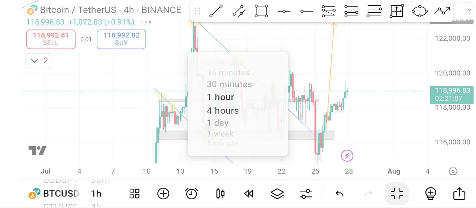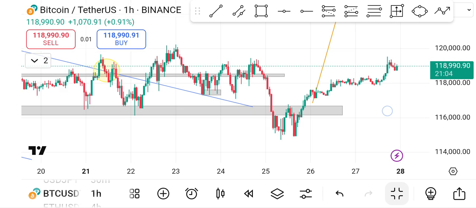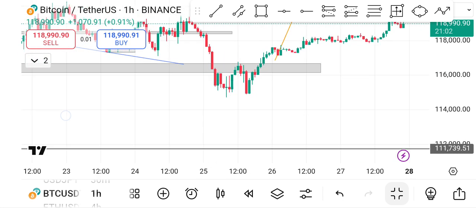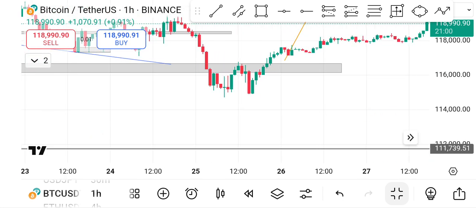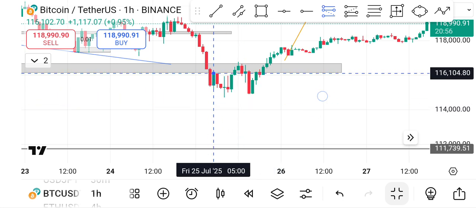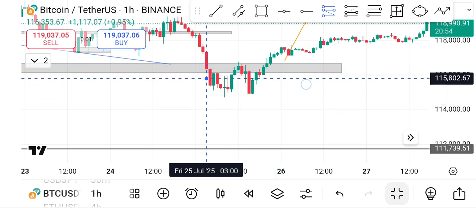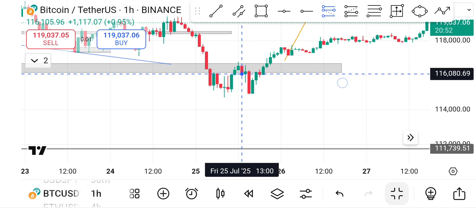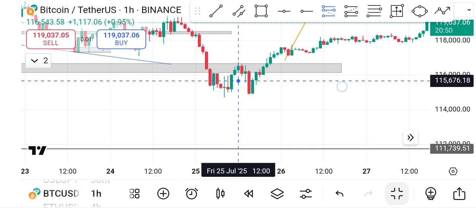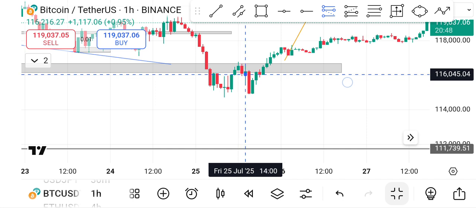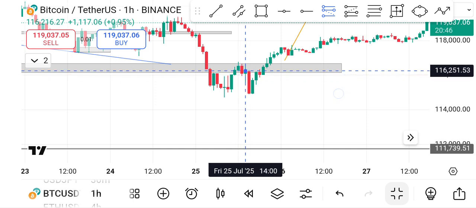Don't forget, as a trader, you can't win all your trades, right? To be honest, I was taking the sell, but I didn't because I don't trade BTC. Let's say breakout, retest, got one rejection, two rejections, three rejections. You see the 1-hour time frame candlestick, bearish. It's going to take it from here.